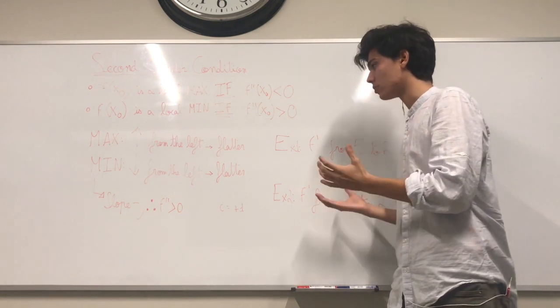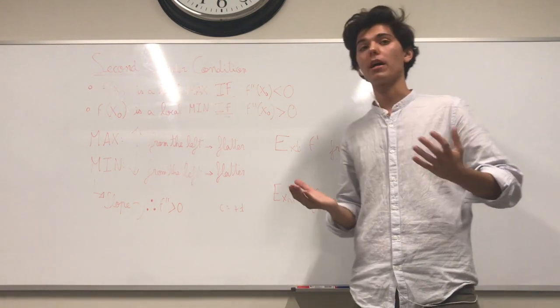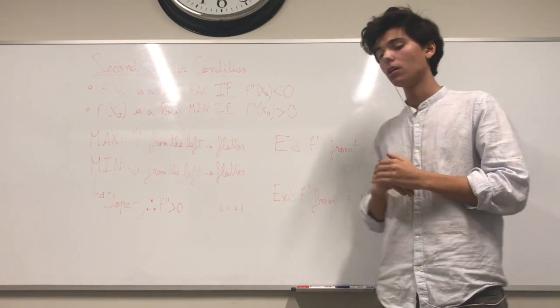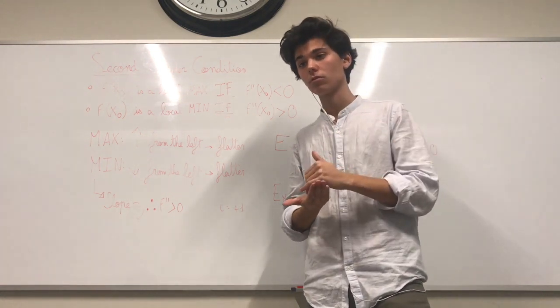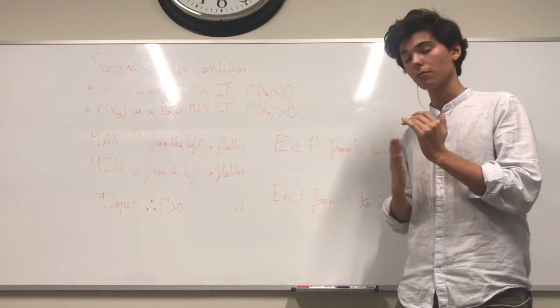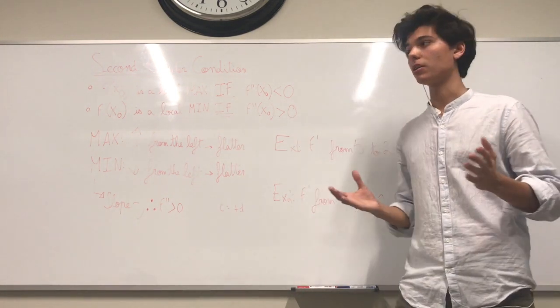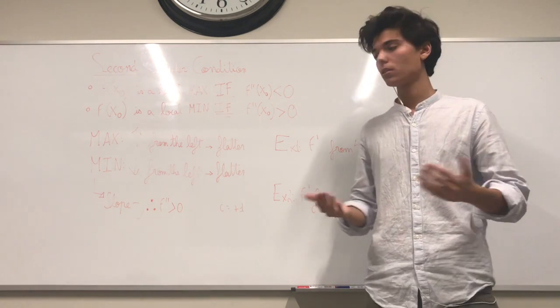In that occasion, that means that it would be a local maximum. When looking at the minimum, the line has to move down from the left side, and slowly getting flatter. And that would therefore be a local minimum.